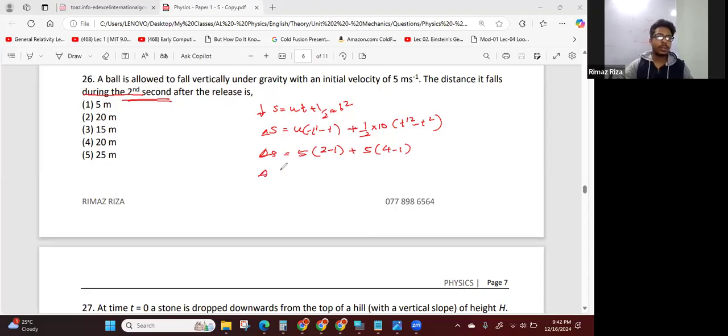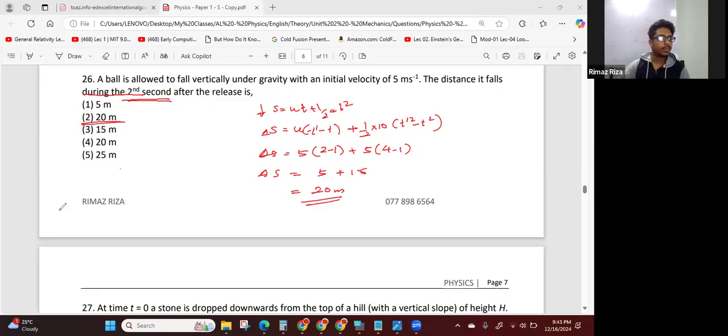Therefore delta s equals 5 plus 5 into 3, which is 15, so it's equal to 20 meters. So the answer is the second one.